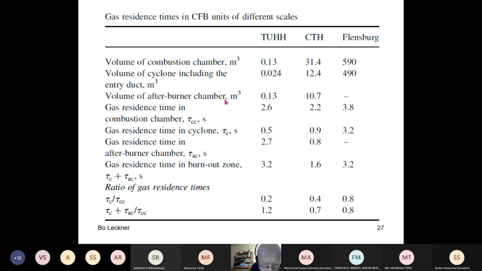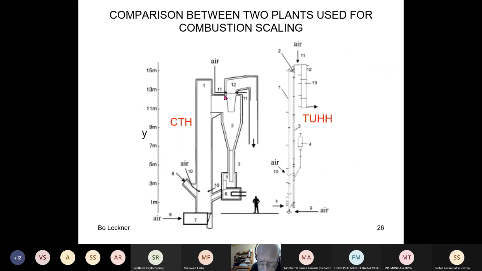We have the afterburner chamber. I mentioned the afterburner chamber here, and our afterburner chamber is this one, up to this point where the heat transfer surfaces start. So we have a particular space here where reactions could take place at the same temperature as in the combustion chamber.